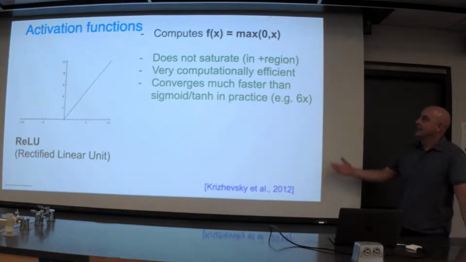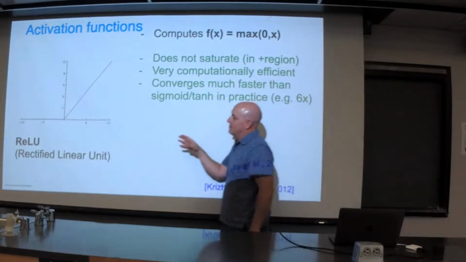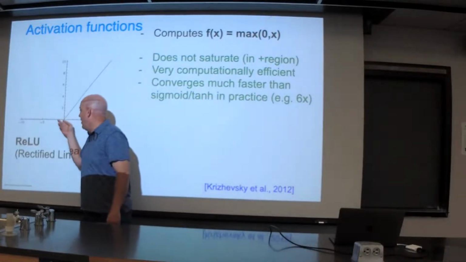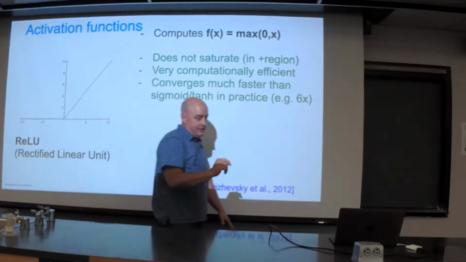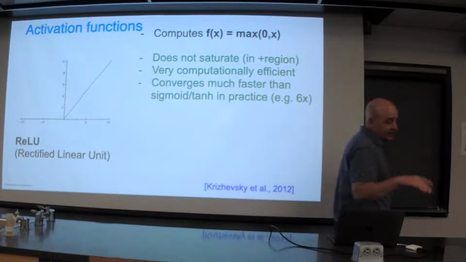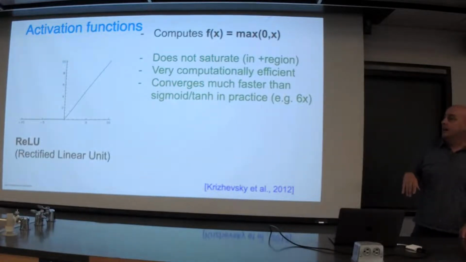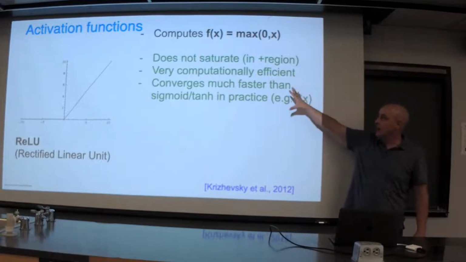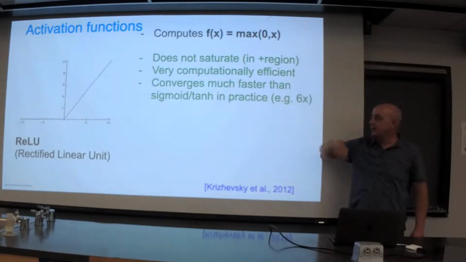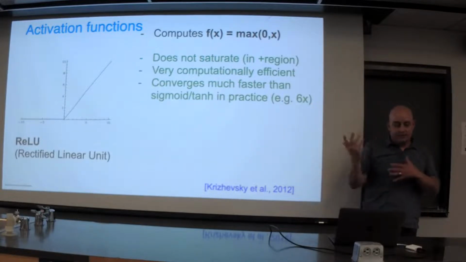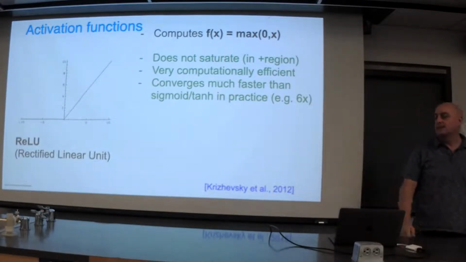And it turns out that even though if your value is negative, you lose the gradient entirely here, your models will converge way faster when using these activations than using the other ones that we just looked at, sigmoid and tanh.